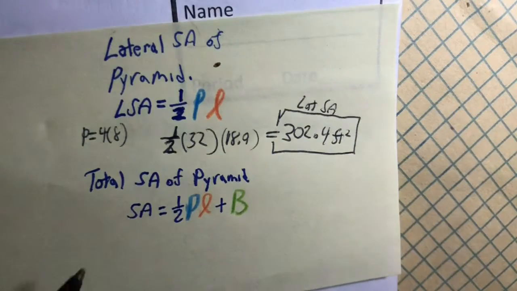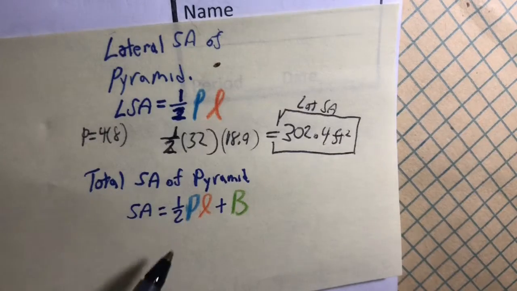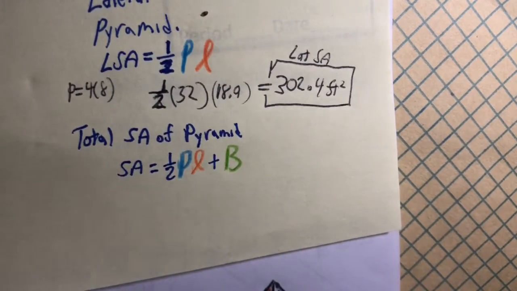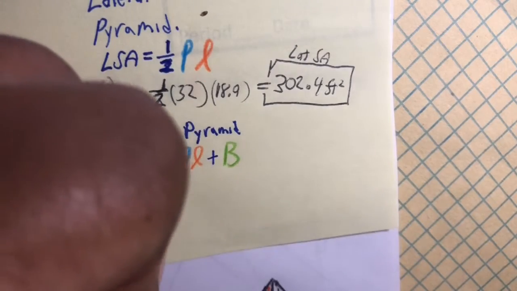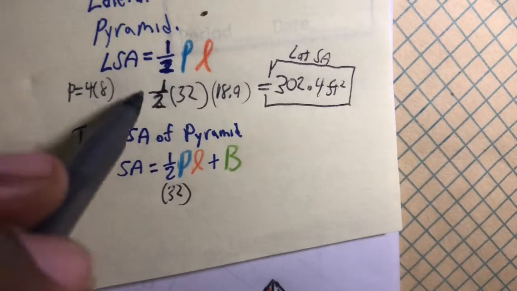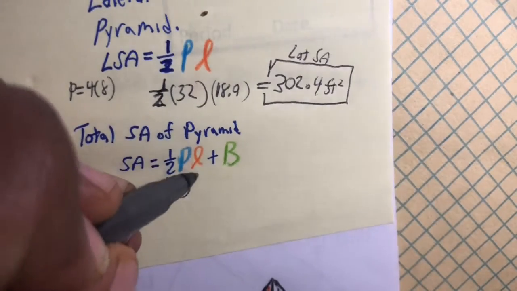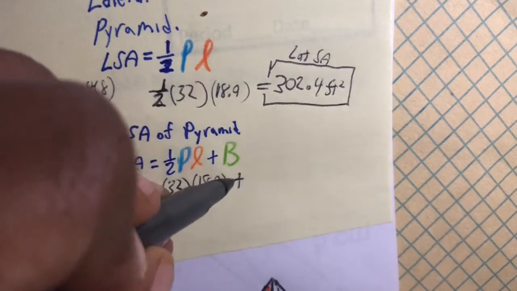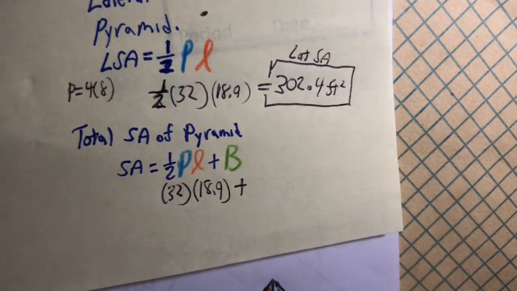I'm going to take the perimeter of the base, multiply that by the slant height. I already know that the perimeter was 32 because I calculated that when I did the lateral surface area, and the slant height I also know is 18.9. And then I just need to add the area of the base.